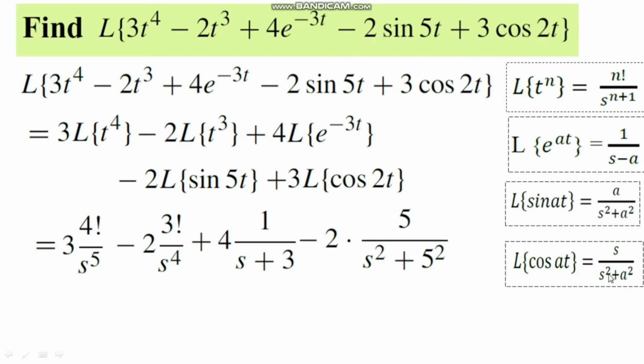Instead of a we have 2 here, so it becomes plus 3 times s by s^2 plus 2^2. Hence it is the required Laplace transform of this function.